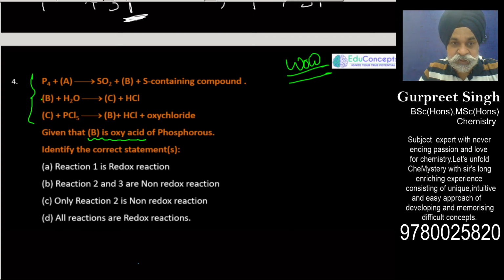I think they have wrongly written here, it should be C. Yes, C would be oxyacid. So this is a digitization mistake. The tip they have given is C is an oxyacid. So C, if it is an oxyacid, either it would be phosphorus acid or phosphoric acid.